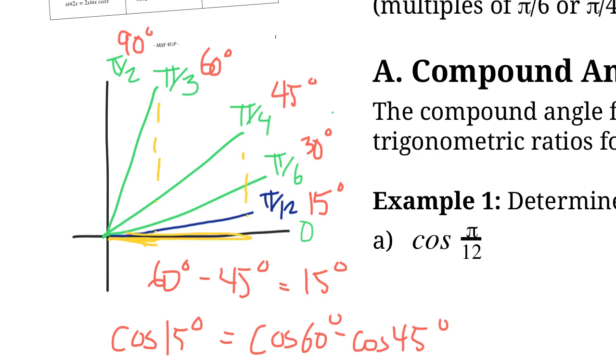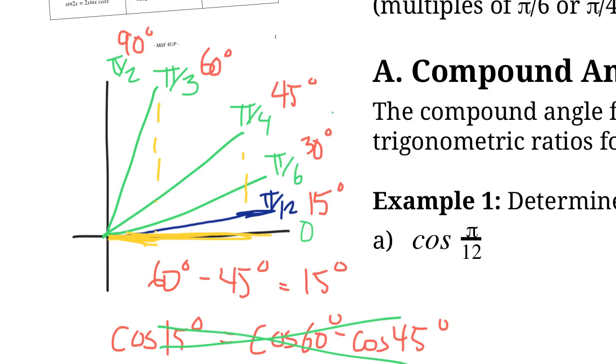The x value of pi by 12, I didn't draw this very well, should be a little bit longer there if we want to make it a circle. The x value of that is going to be even longer than those two, right? So it doesn't actually make sense that we're going to subtract those two yellows to get this one over here. So this is wrong, by the way. Let me just cross that out so you don't even think about it, because that doesn't work. We can't just subtract cos values like that.